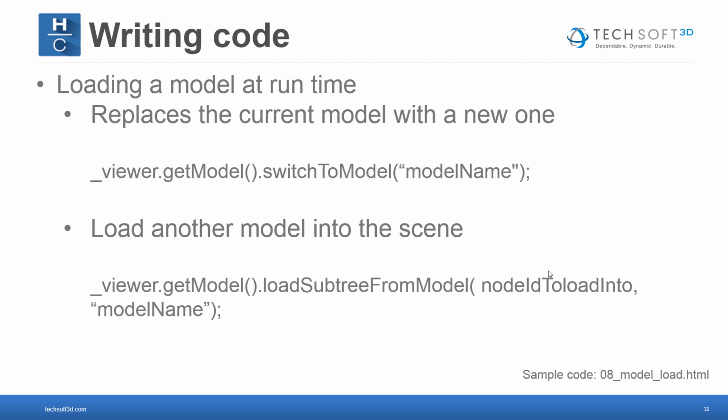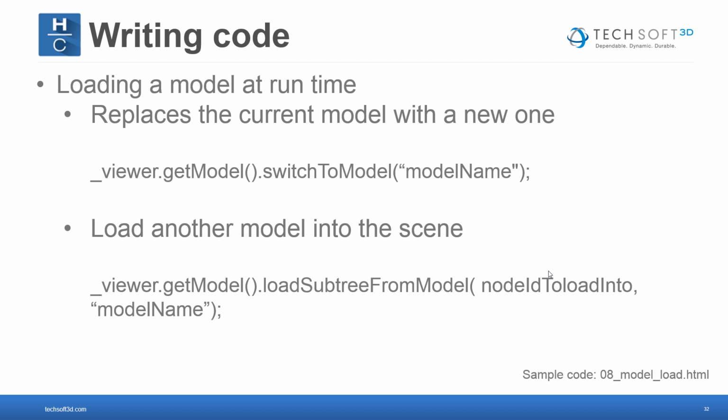Okay, so in order to load additional models, there's a number of things that we have to take into account. Most basic cases will start with a particular model that we want to view.